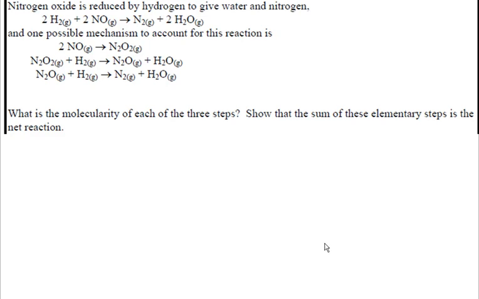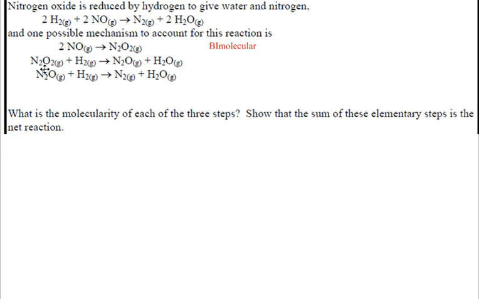So here we have a reaction of hydrogen plus nitric oxide producing nitrogen gas and water. And we're given a possible mechanism. We're asked, what is the molecularity of each of the 3 steps? So first off, let's look at this one up here. We have 2 of the same things colliding to produce 1 new product. So 2 into 1 means that that's bimolecular.